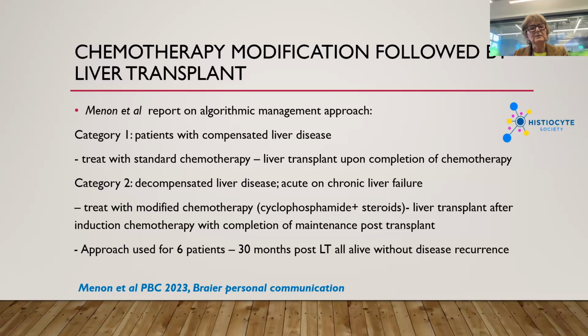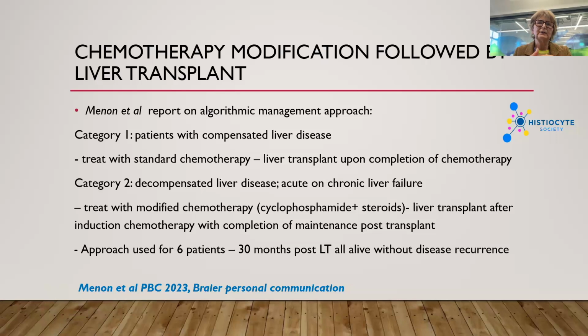Category two is a little bit different, where they have patients who have decompensated liver disease, really acute on chronic liver failure. First of all, they treat these patients with modified chemotherapy using cyclophosphamide and steroids. And then they undertake liver transplant immediately after induction chemotherapy, and then complete maintenance chemotherapy post-transplant.